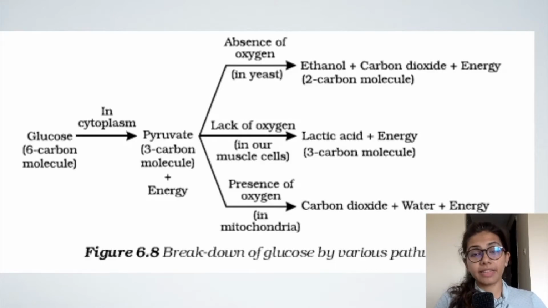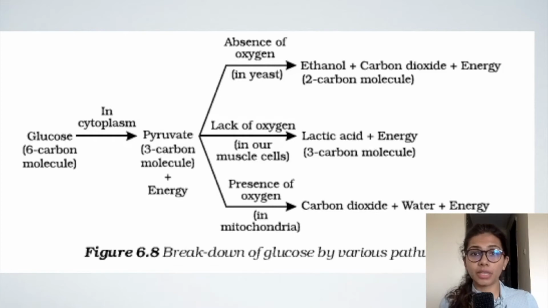Now let us see the various pathways through which respiration occurs, or through which the breakdown of glucose occurs in different sites in different organisms, right? The first step in the breakdown of glucose occurs in the cytoplasm of the cell. Let's just recap what the cytoplasm is.